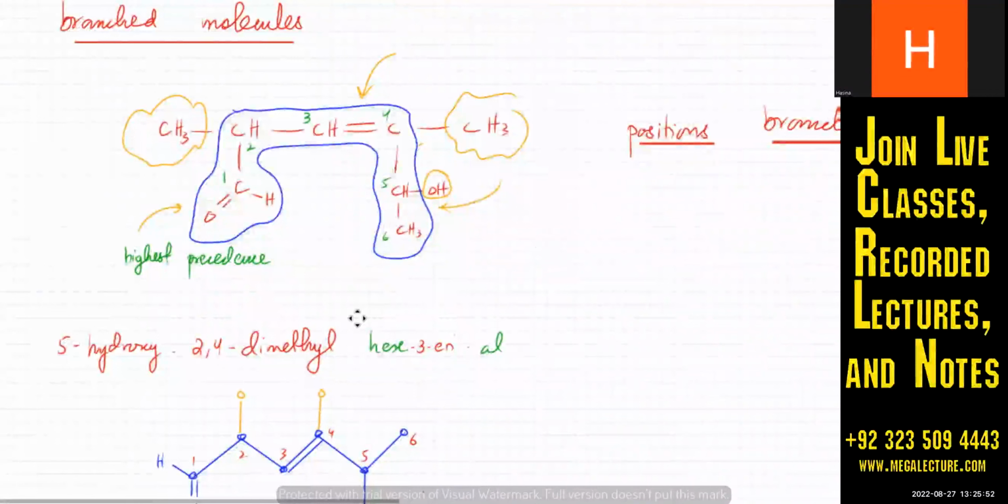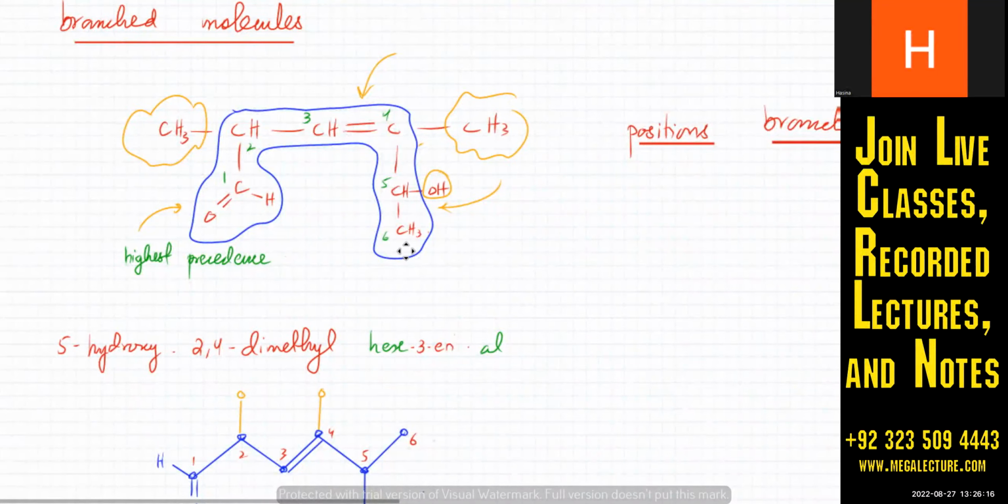So if it's 6, it's going to be hex. And the highest precedence group was an aldehyde over here. It's got an alkene as well. It's got an alcohol as well. So it's an aldehyde. Plus it's unsaturated, so it's got a double bond. So instead of AN, it's going to be EN. You're going to count from the aldehyde group. That's 1, 2, 3, 4, 5, and 6, right?